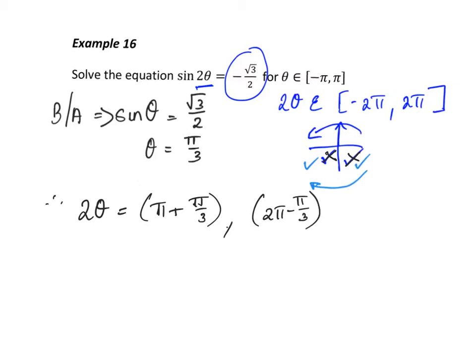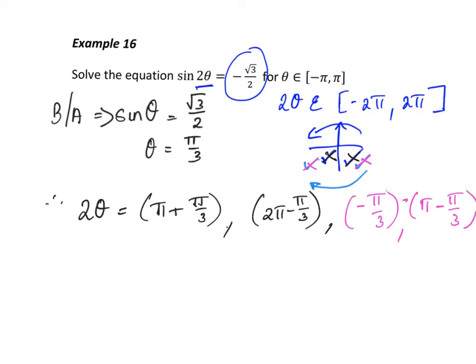Let's have a look at the ones going in the negative direction. And I'll do that in a different colour so that we can see them. So going in the negative direction, I've got this one here. And so we talked about that being minus theta, so minus pi on 3.